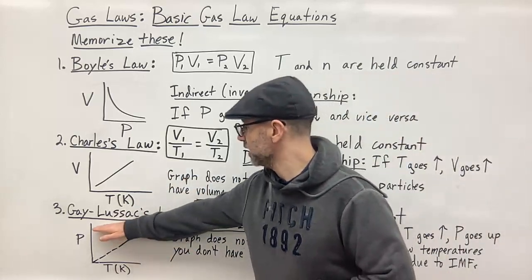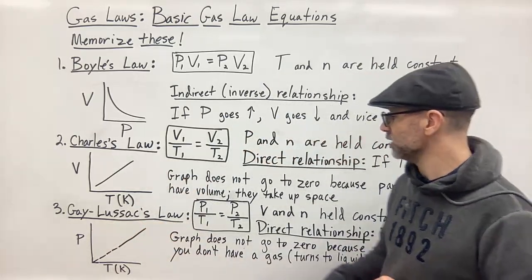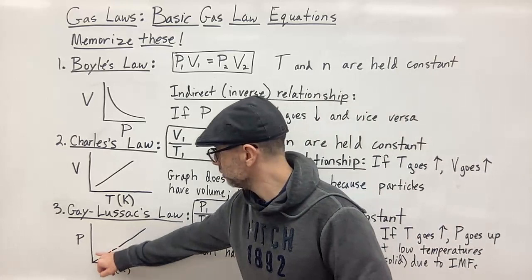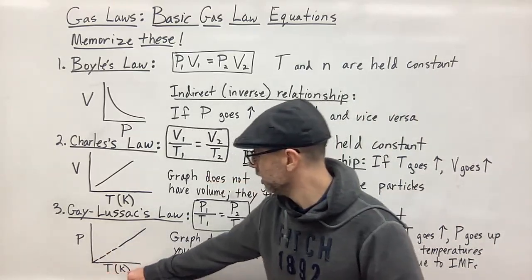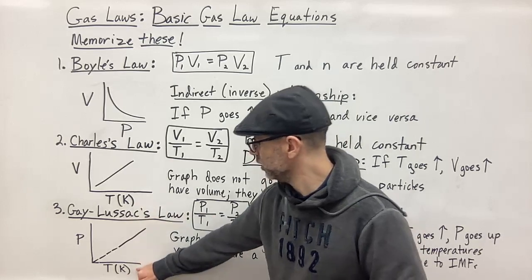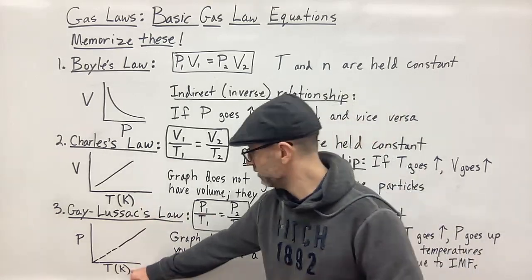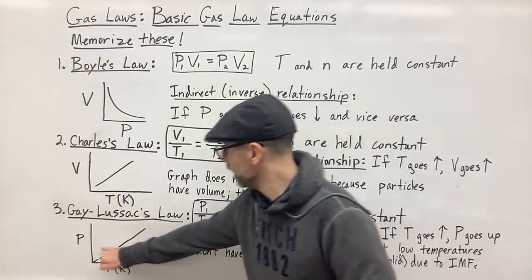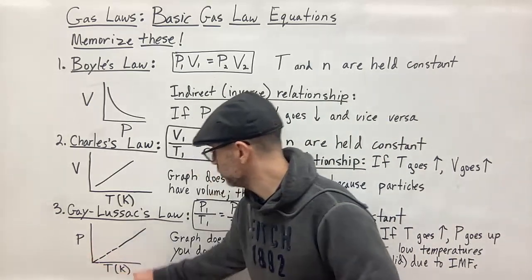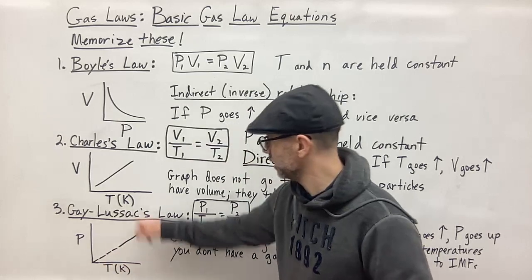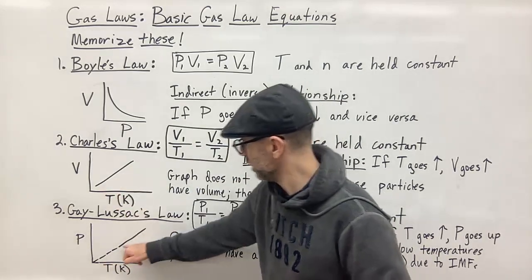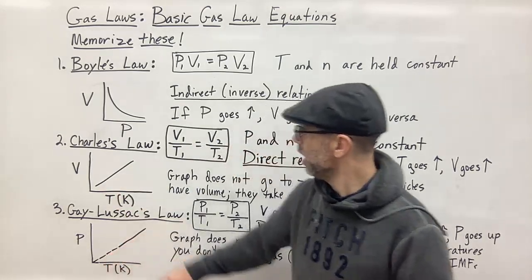So the next one is Gay-Lussac's law, and Gay-Lussac's law is a relationship between the pressure of the gas and the temperature. And again, temperatures are in Kelvin, so that's why I have the K here. And again, you can see that the relationship between the pressure of a gas and the temperature is a direct relationship here. So again, direct relationship, straight line.